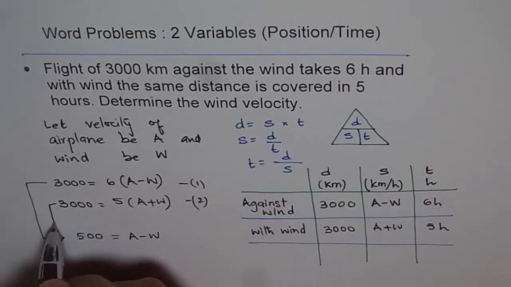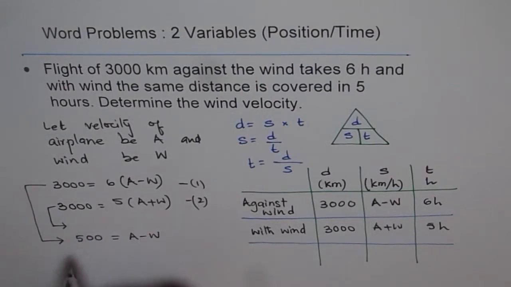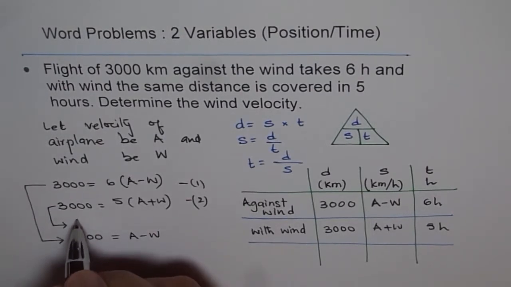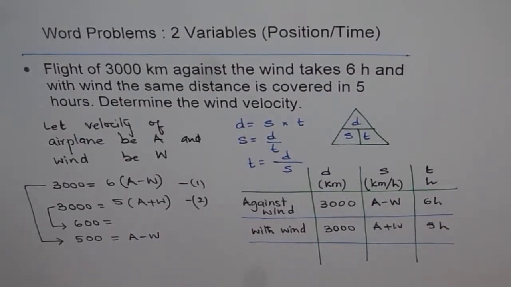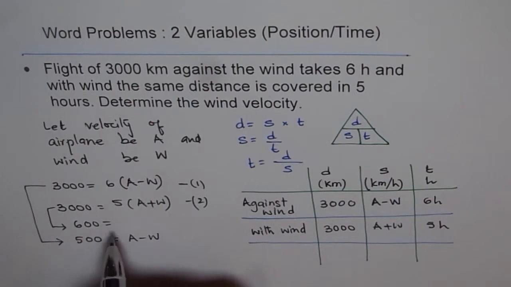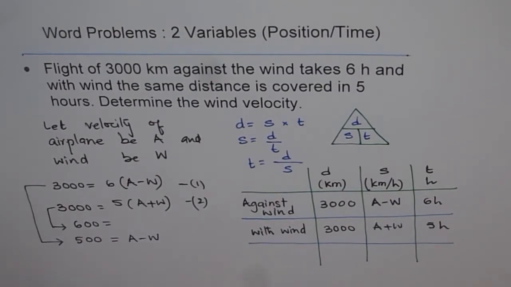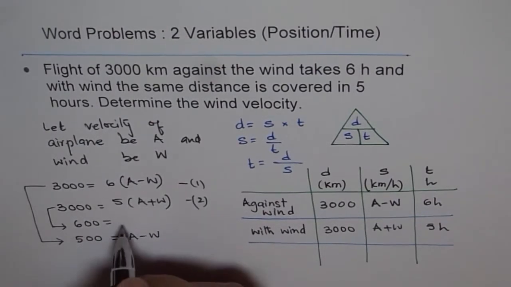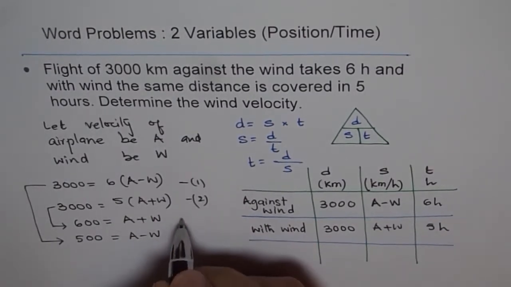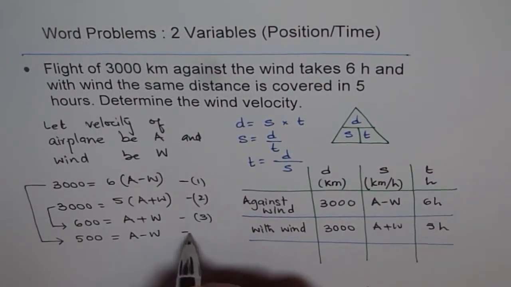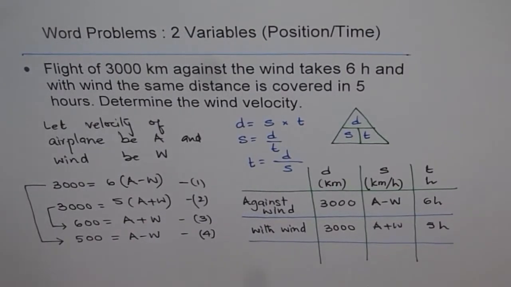And from the second, we'll divide by 5 and we get 600 equals to a plus w. So that becomes our equation number 3 and 4.